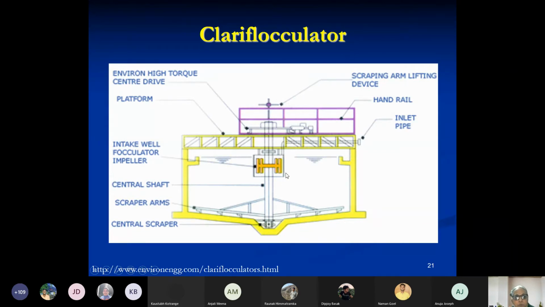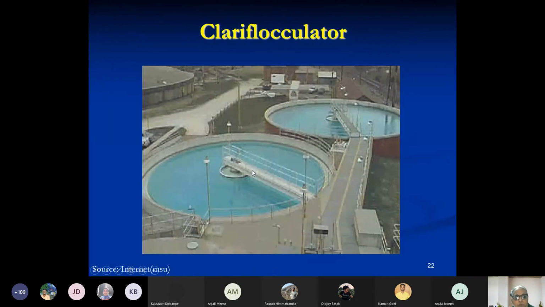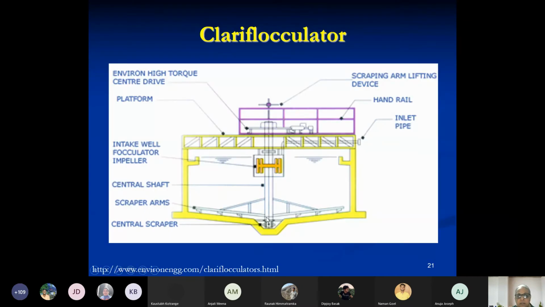And there are walls. Just look at this. There is a wall kind of thing, but this wall is open at the bottom. So the water comes in at the center, and so it's coming in here. It moves into this part of the tank. The wall is not all the way to the bottom of the tank. It's open at the bottom, and there are paddles inside this.